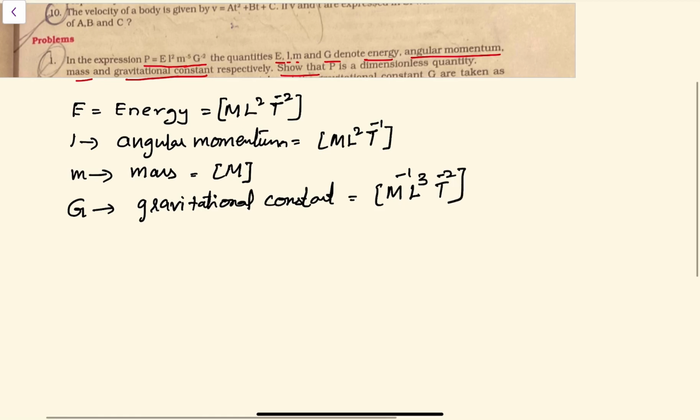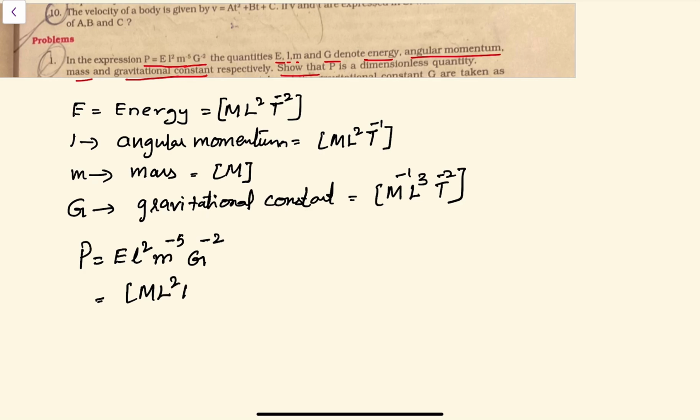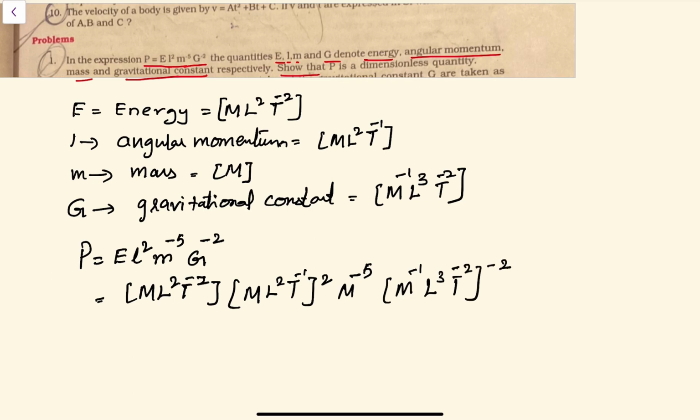So we should substitute in expression P. P is equal to E L square m power minus 5 g power minus 2. So M L square T power minus 2, M L square T minus 1 whole square, M power minus 5, M minus 1 L cube T power minus 2 whole power minus 2.